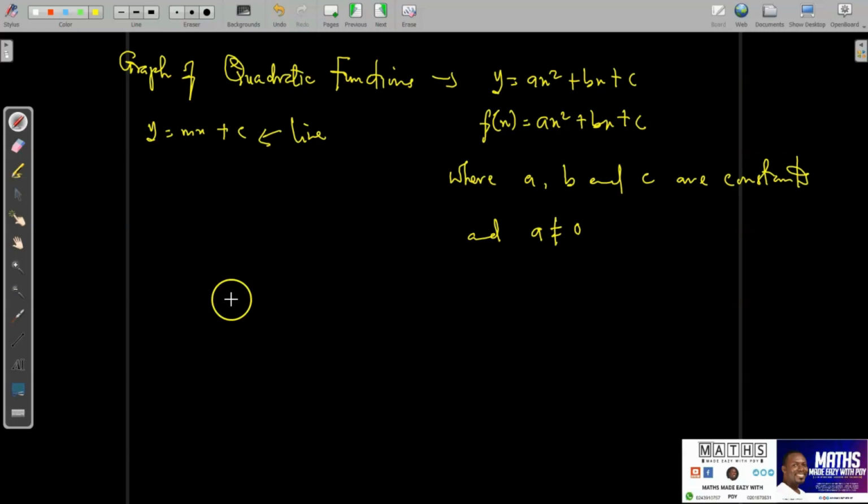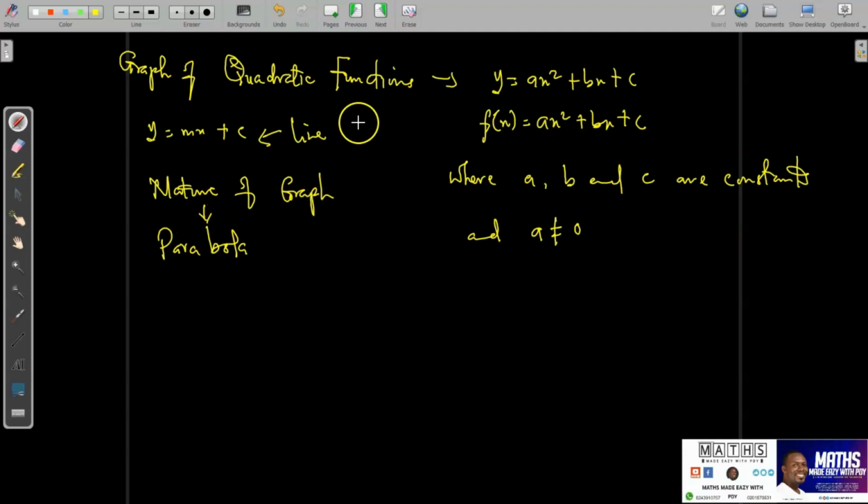Now, moving forward, in as much as whenever you plot the graph of a linear function, you obtain a straight line, whenever you plot the graph of a quadratic function, you obtain what we call a parabola. So the nature of the graph of a quadratic function is a parabola.